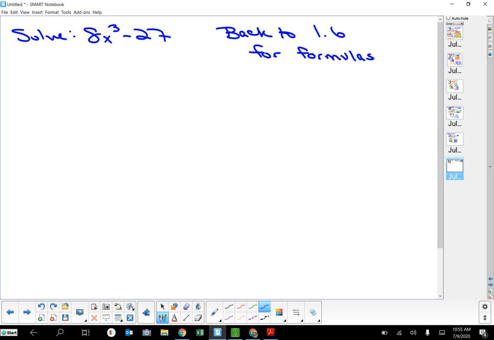So I know that I'm going to factor these by taking the cubes, and then I get a binomial and a trinomial. And the cube root of 8x cubed is 2x. The cube root of 27 is 3. And then I'm going to square the first term, which is 4x squared, multiply the two terms, and then square the second term.